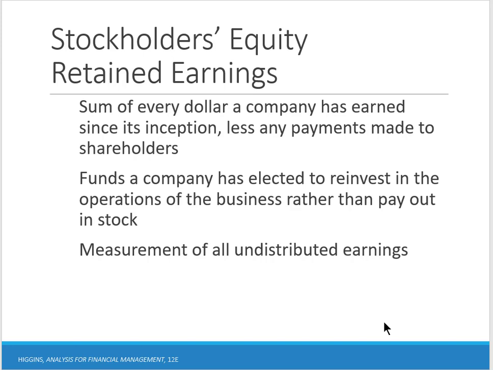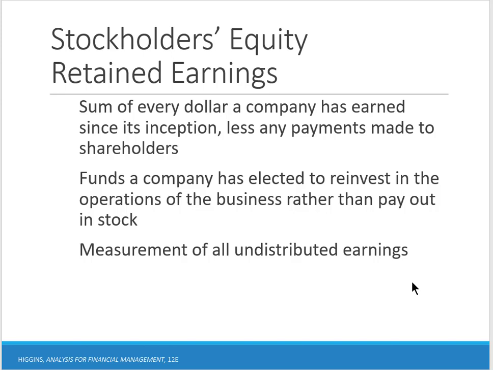Now, retained earnings is what's left over after profits. So every dollar that the company has earned, less any payments that are paid to stockholders. So this essentially is just a value of what we refer to as undistributed earnings. When the company makes profit, right?